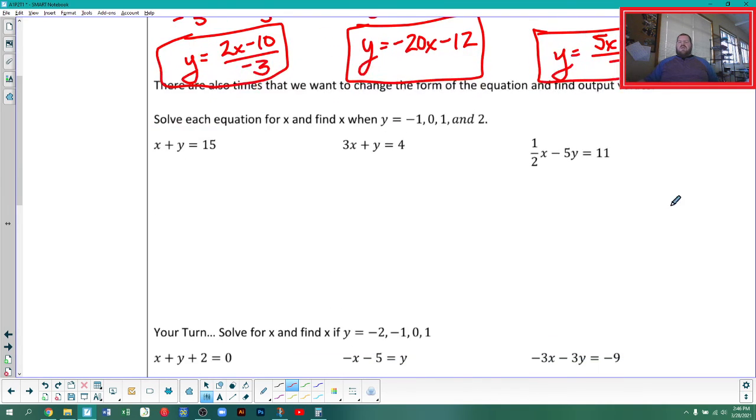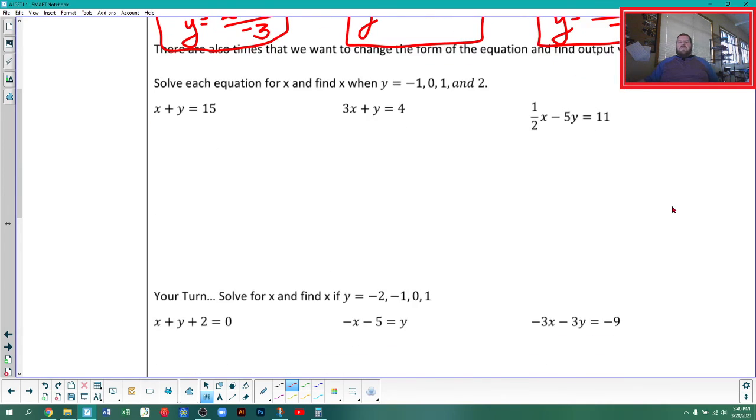Okay, now here's where we would really use this. So those were all kind of practice for these ones. We want to solve it for y and then plug in the numbers. Okay, never mind. We're going to flip this around. We're actually going to solve these for x and then find out what x is when y equals -1, 0, 1, and 2. So we are doing this a little bit backwards.